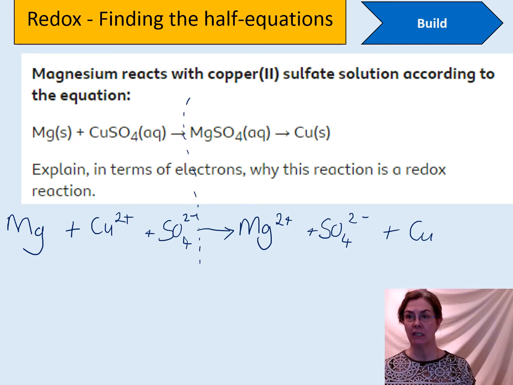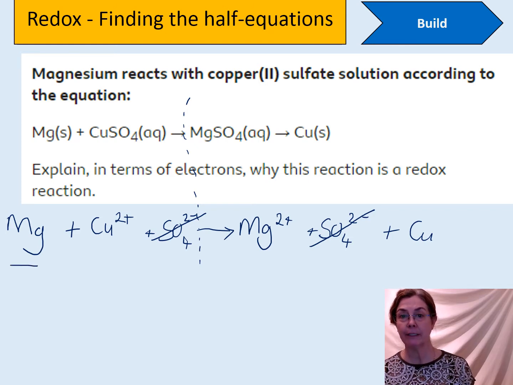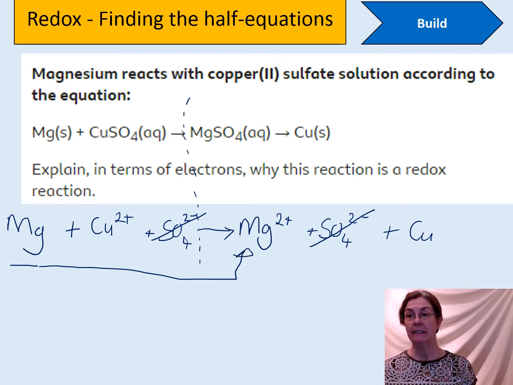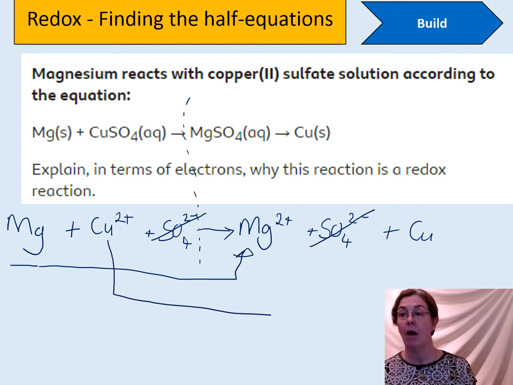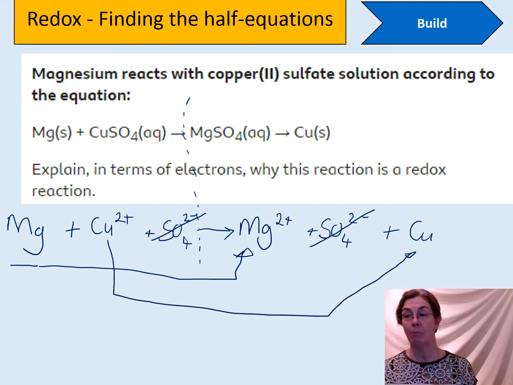We can just ignore them in this equation when trying to find our reduction oxidation equation, because they aren't oxidized, they're not reduced, they're not changed. What we're left with is our magnesium metal, which changes and becomes magnesium 2+ ions, and our copper ions, which change and become copper atoms.